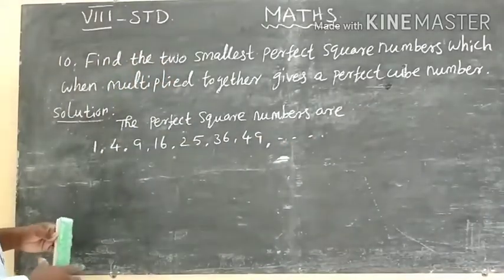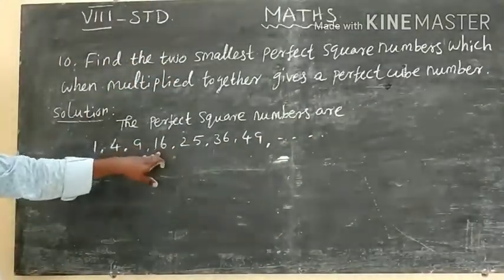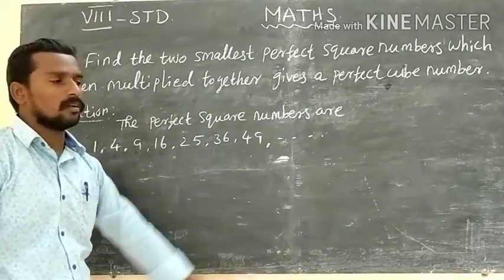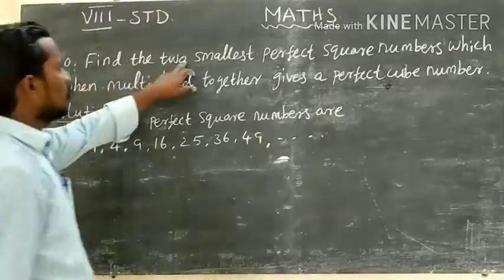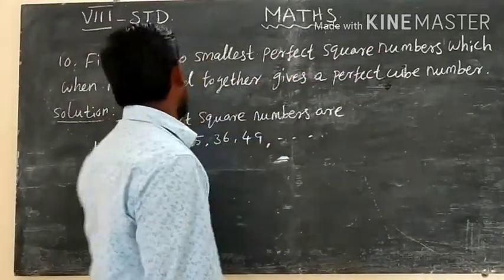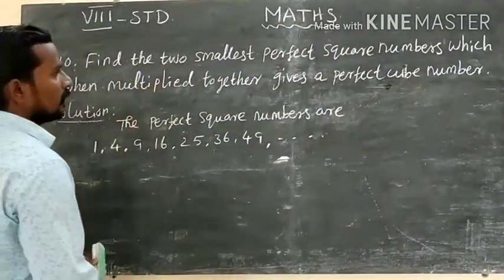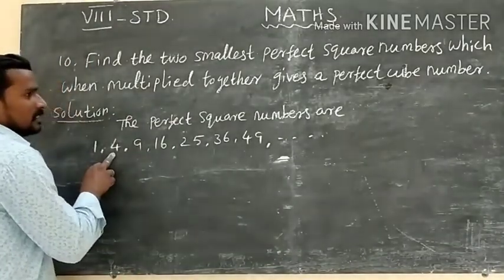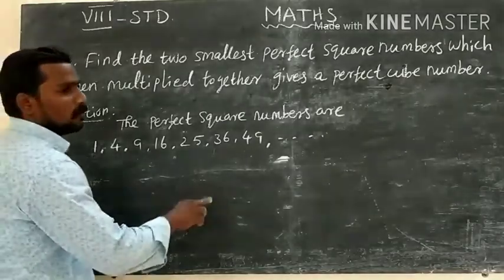This is a perfect square because 1 squared is 1, 2 squared is 4, 3 squared is 9, 4 squared is 16, and so on.